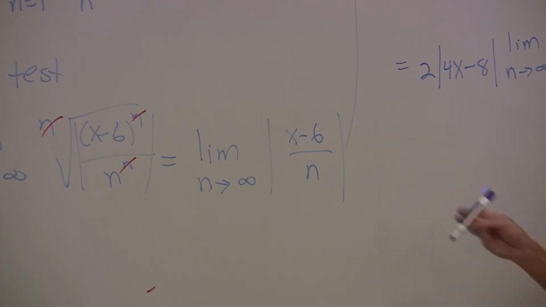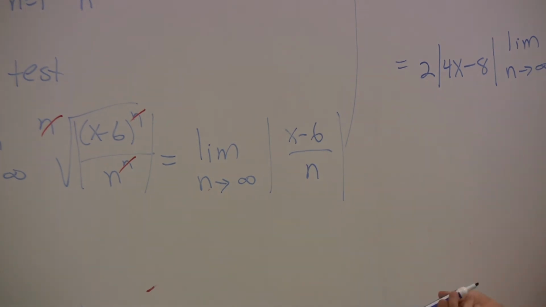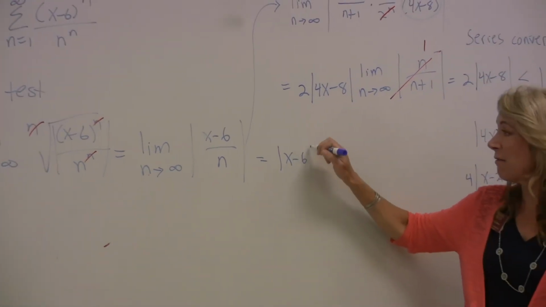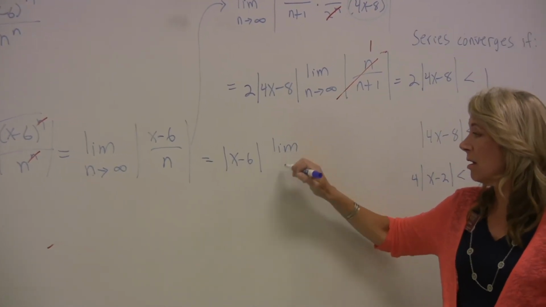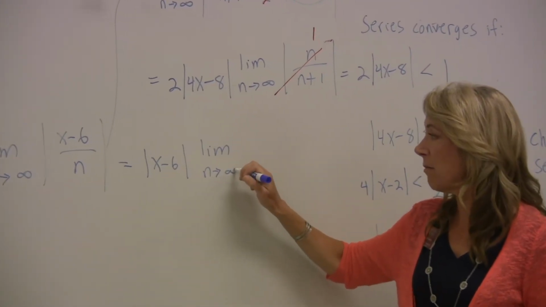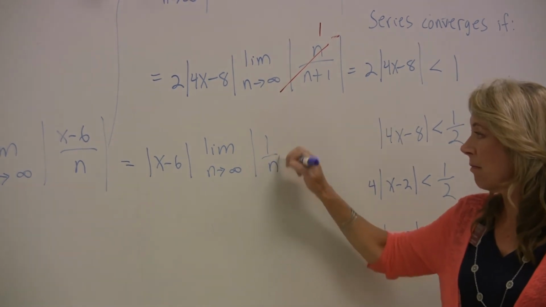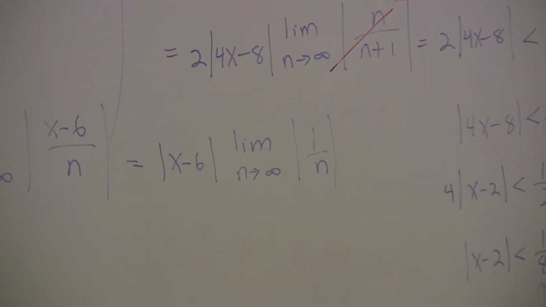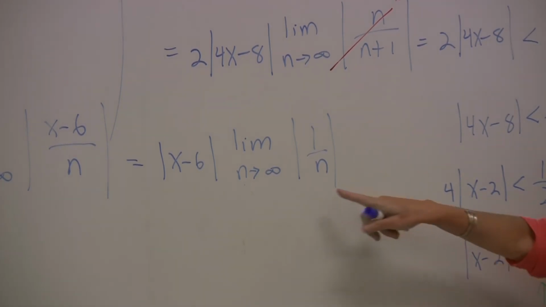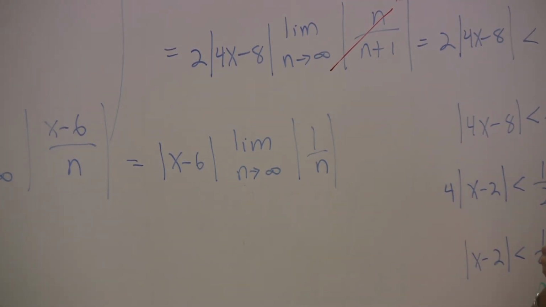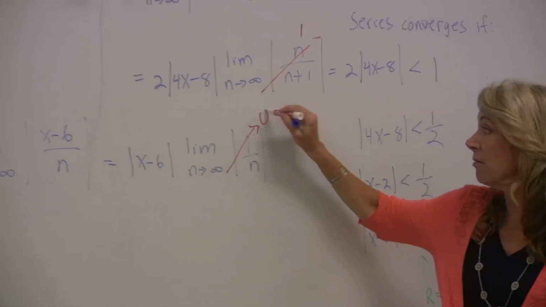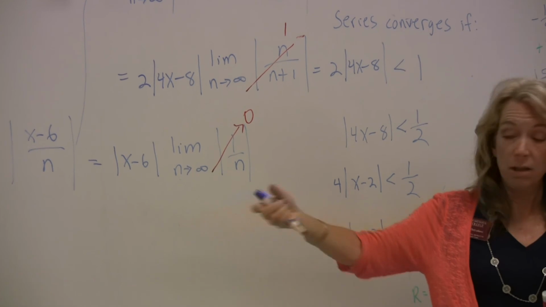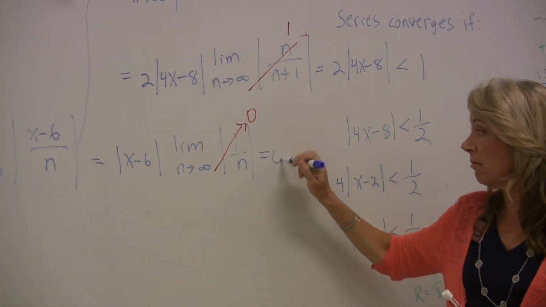Now I'm going to again factor out the part that doesn't have any n's in it. So I'm going to pull the x minus 6 out front and take the limit of this part. What's the limit of this? 0. Right, this part goes to 0. 0 times anything is going to equal 0.